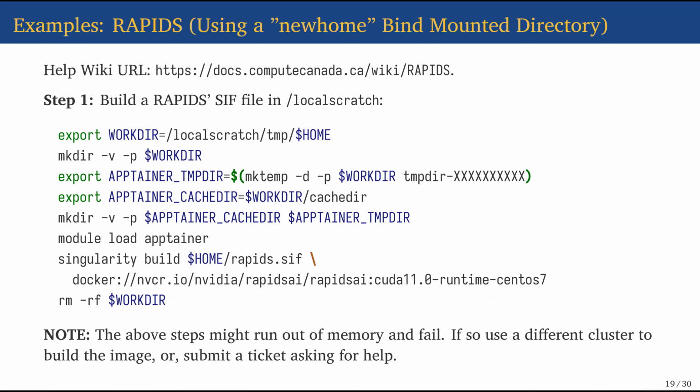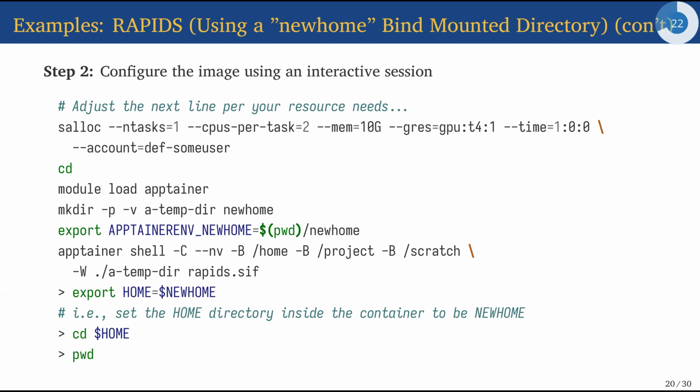That's how everything gets installed. So this new home business, that's in your account space, somewhere in a directory in your account space. That's what that is, okay? So if you want to do these steps, just change Rapids to be whatever you're doing, and these steps are what you want.